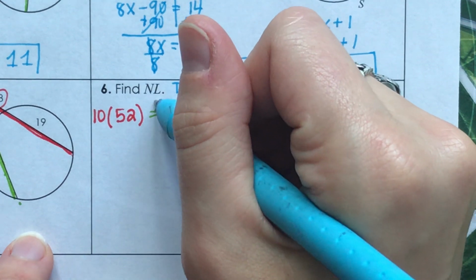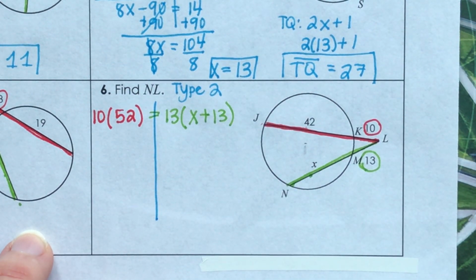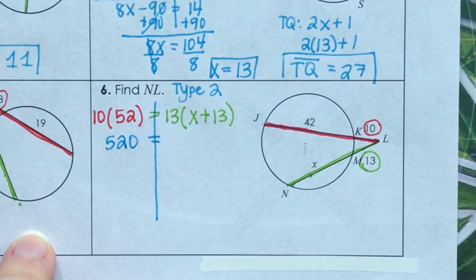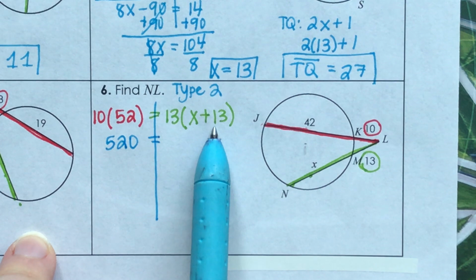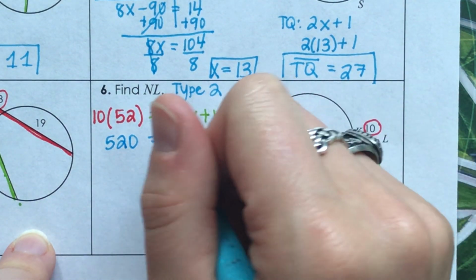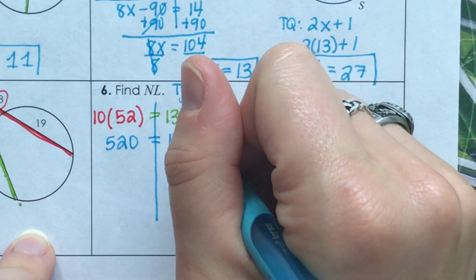Now it's just an algebra problem. So 10 times 52 is 520. On the right side, I've got a number in front of parentheses, so I'm going to distribute it. So 13 times x is 13x. 13 times 13 is 169.